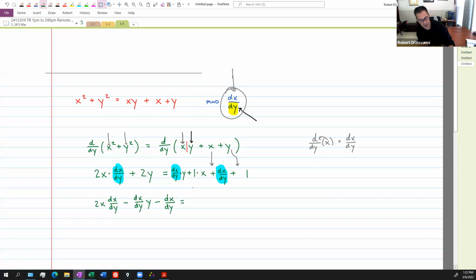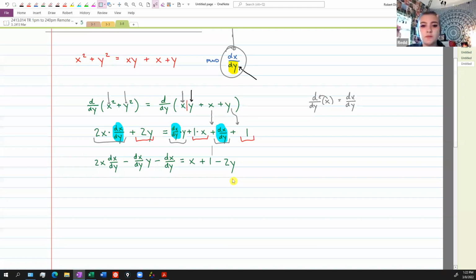On the right-hand side, I have a 1 times x, I have a 1, and I bring in the 2y from the other side. So everything in red wound up on the right side. Everything in gray got placed on the left side. So some of the signs changed.